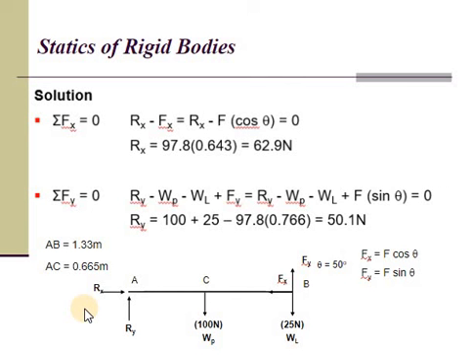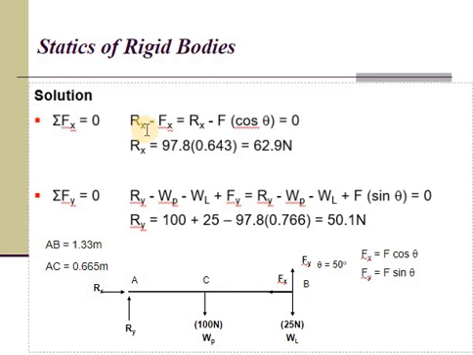So we can say that Rx minus Fx equals to 0. Setting it into the equation, we already know that Fx equals to F cosine theta, where theta is 50 degrees. So we can get Rx, which will be 62.9 Newton.